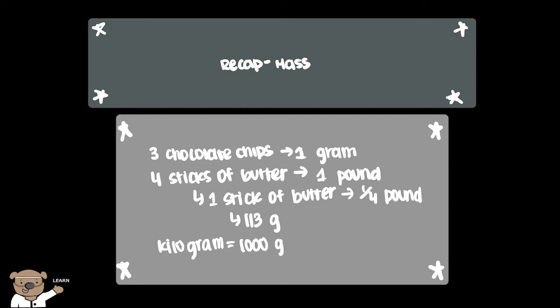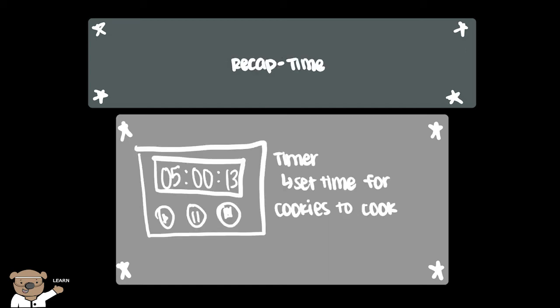Next, we got a better sense of mass units, being that 2 chocolate chips are equivalent to 1 gram, and that 4 sticks of butter is equal to 1 pound, making 1 stick of butter 1/4 pound, or 113 grams. We also learned that 1,000 grams are in 1 kilogram. Lastly, we used the timer to make sure we baked the cookies in the perfect amount of time.